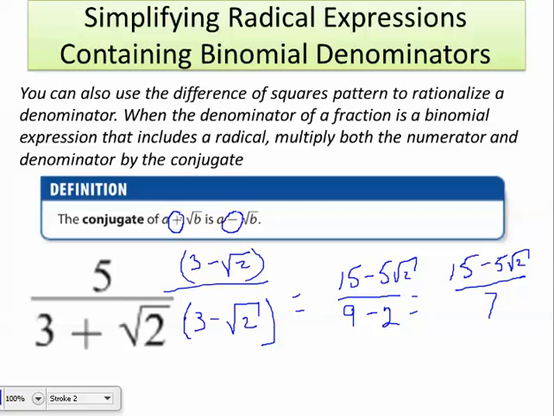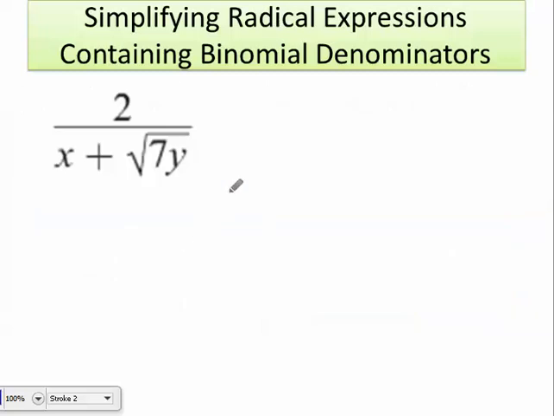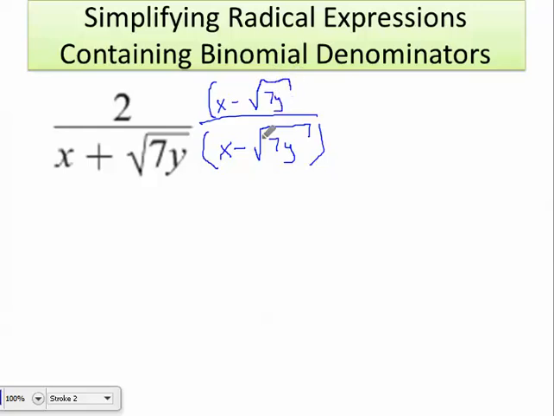Cool? That's one of the ways we can do that. Let me show you that one again. Here, what I'm going to multiply this one by is x minus the square root of 7y. I'm going to multiply that times the numerator and the denominator. X minus the square root of 7y.